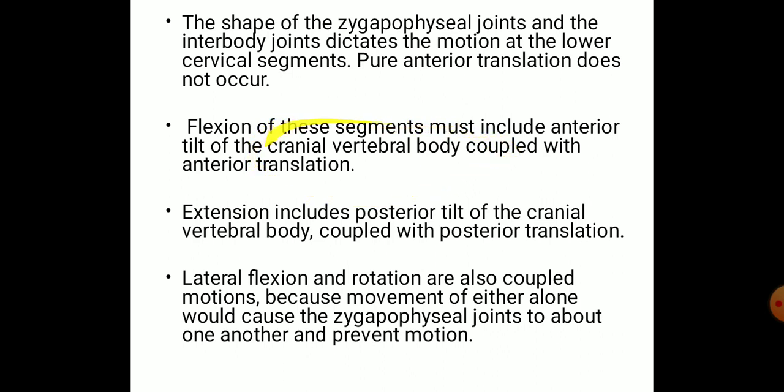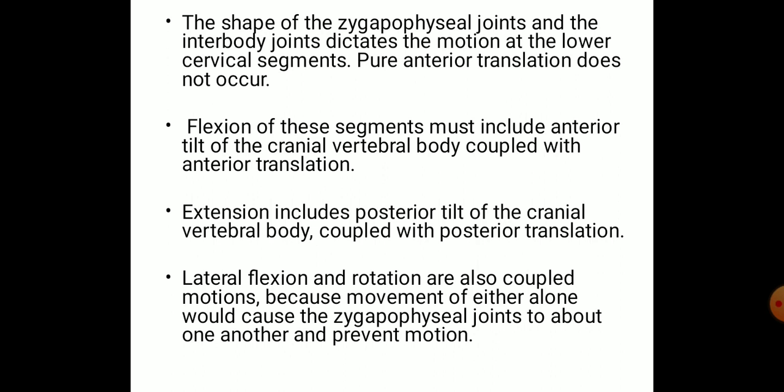Cranium means the head. So the vertebra which is towards the skull or towards the head is called the cranial vertebra. So whenever we try for flexion, the superior vertebra is always going for anterior translation with anterior tilting.